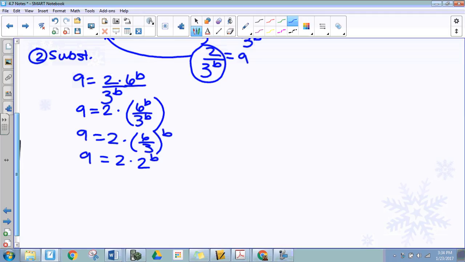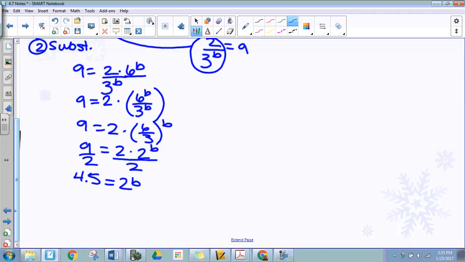Now I'm still solving for b, so this is where our logarithms come up. We need to divide by 2 first. You can leave that as a fraction, or change it to a decimal. That's 4.5 equals 2 to the b. Then this is the time when we take the log of both sides. So log of 4.5 equals log of 2 to the b.